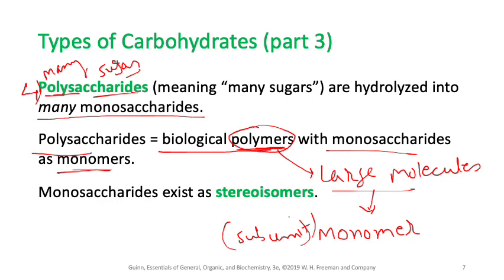So a polysaccharide is a polymer of monosaccharides. The monomers in polysaccharides are monosaccharides. Just remember this concept. We already saw that monosaccharides exist as stereoisomers, and we're going to learn what this term means on the next slide. But just remember, monosaccharides can show an isomerism called stereoisomerism. Now let's go to the next slide and talk about this special term.